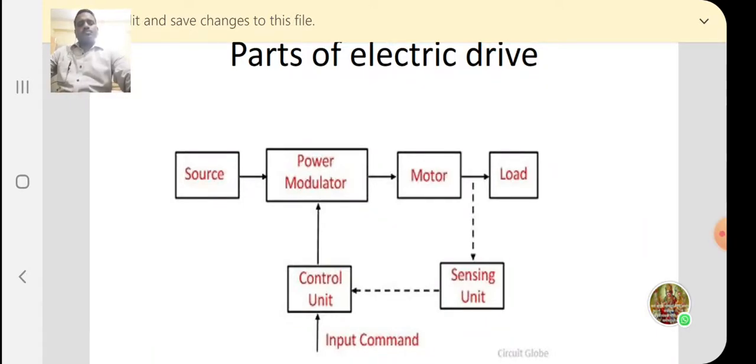But we have the sensing unit, used as a sensor, and the controlling unit. In the controlling unit there are a number of controlling subsets.